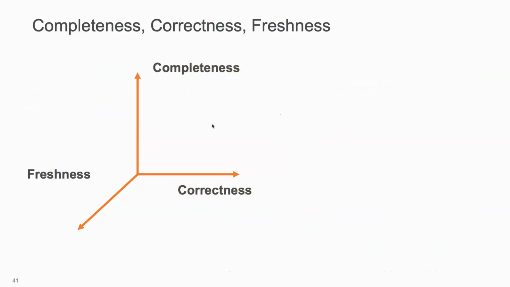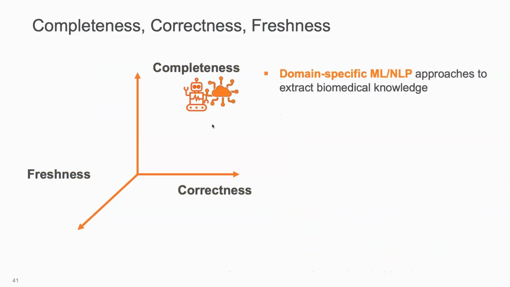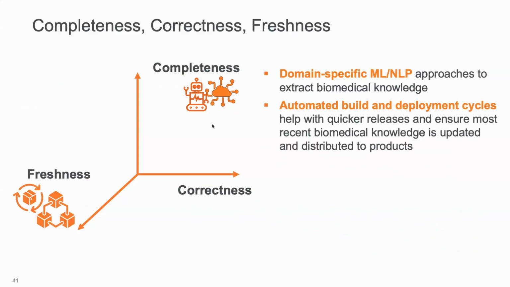But there are obviously opportunities around each of these metrics. To ensure completeness of your knowledge graph, as I mentioned before, there are a lot of domain-specific machine learning and NLP approaches that extract biomedical knowledge from unstructured literature and represent it in the knowledge graph. Similarly, you can develop an automated build and deployment cycle to ensure quicker releases and ensure that the most updated biomedical knowledge is distributed to your products that are powered by the knowledge graph.